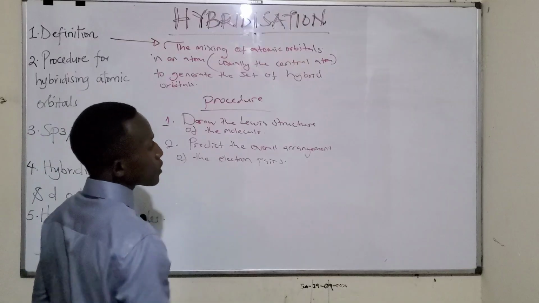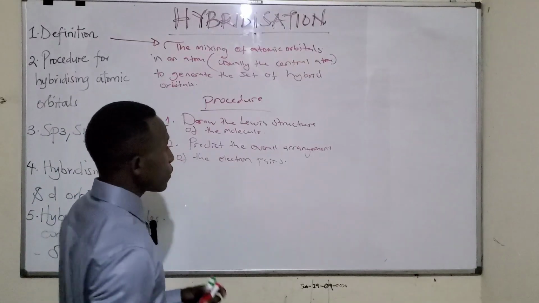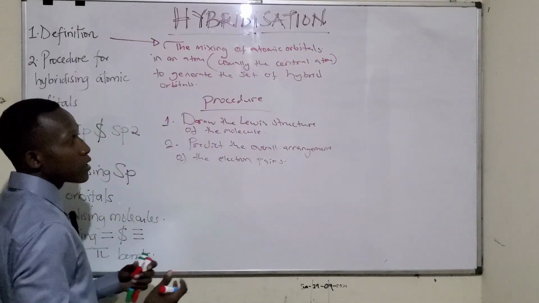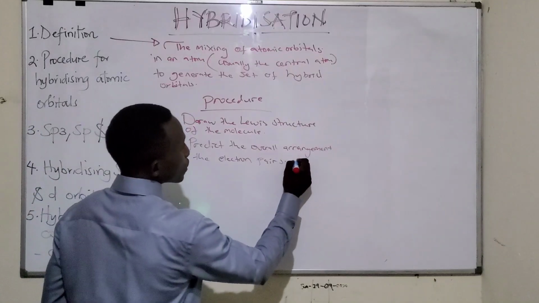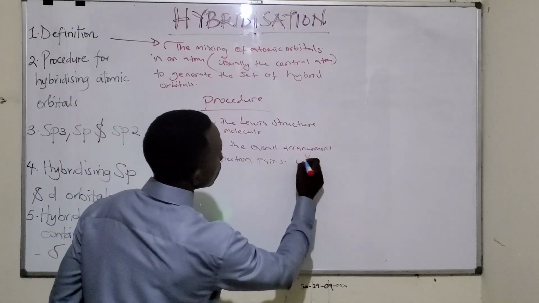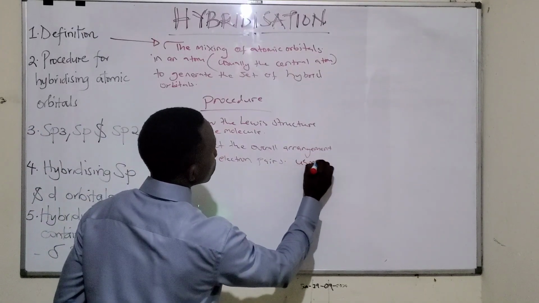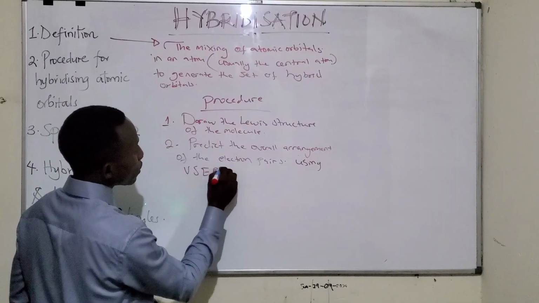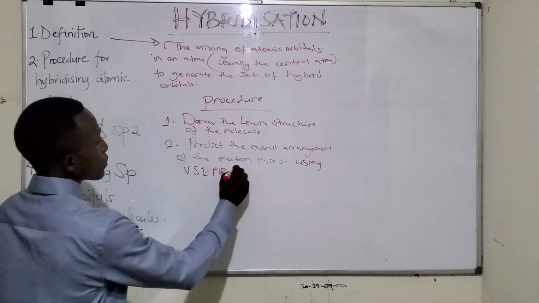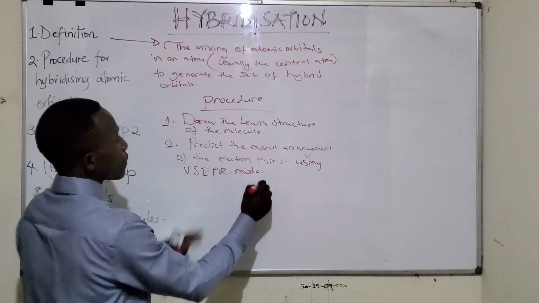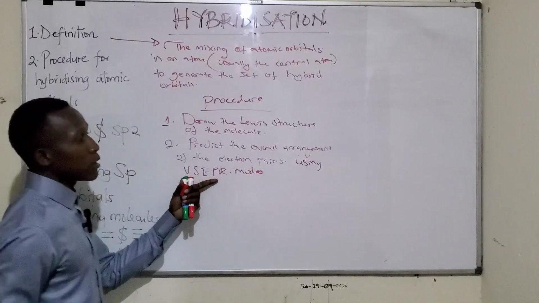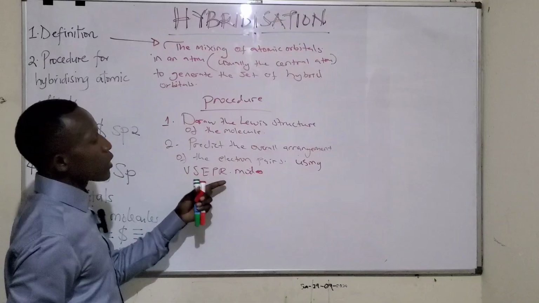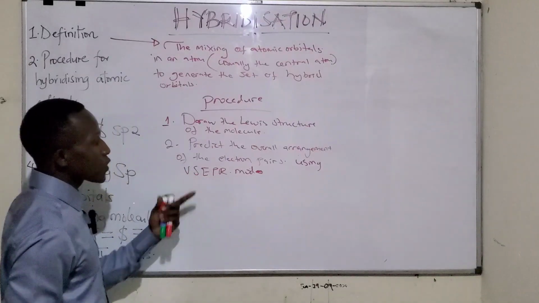These electron pairs, for the bonding and the lone pairs of electrons, we predict the arrangement using the valence shell electron pair repulsion model. This one shows the geometry. So you can know that you can use this hybridization to get this structure.